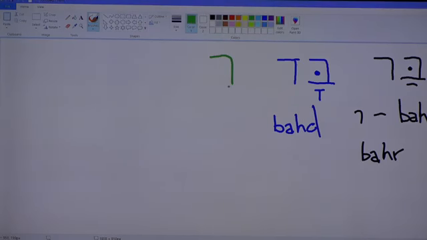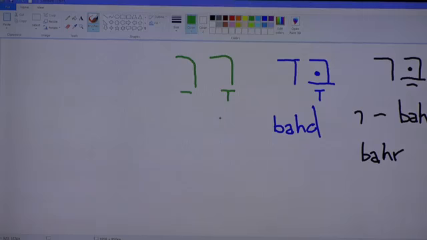It's a resh, it's an R, and if I combine it with another resh, and I do this, and I do this, how would I pronounce that, two syllables? Ra, ra.